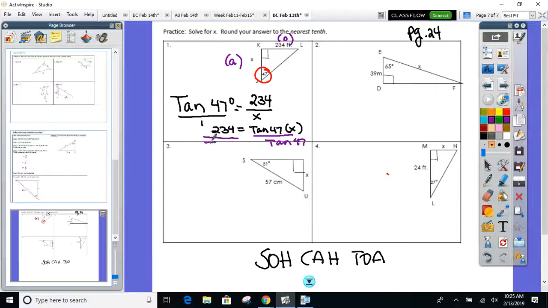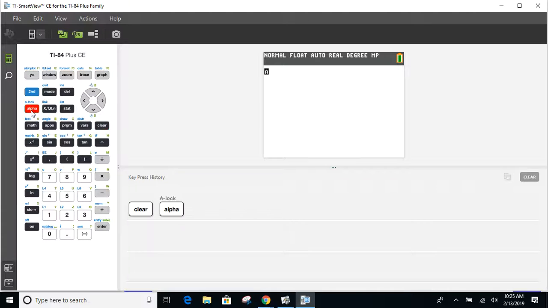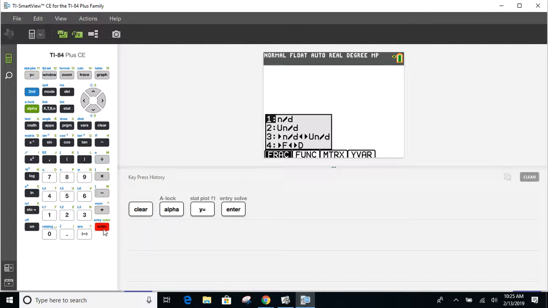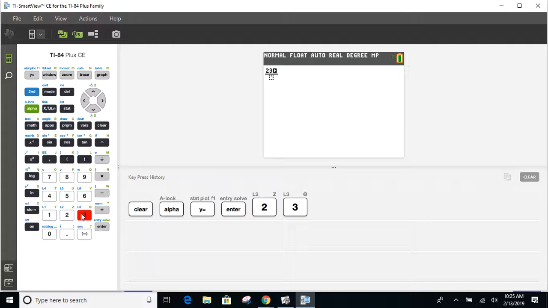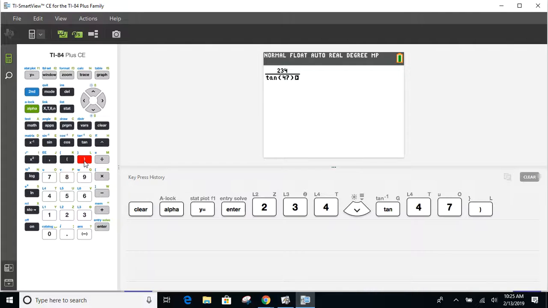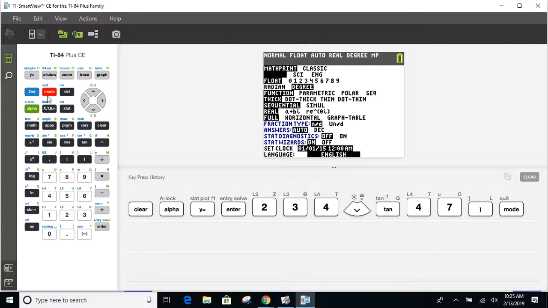And you guys can go right to your calculators, and tangent of 47 is programmed into your calculator. So you can get a fraction template up and do 234 over the tangent of 47. Close it up. Make sure I'm in degree mode.